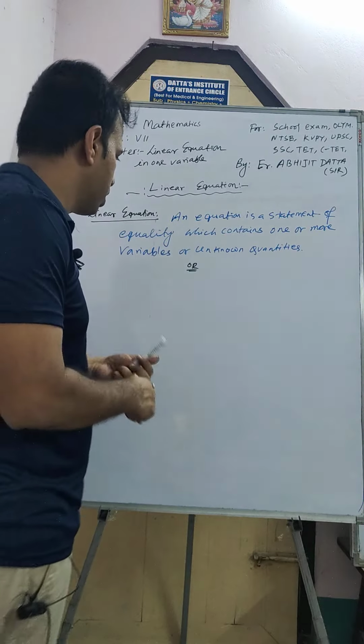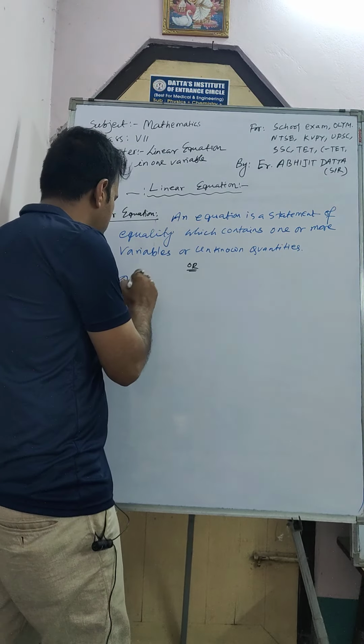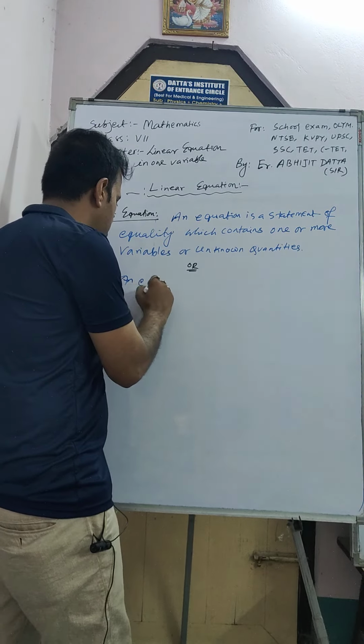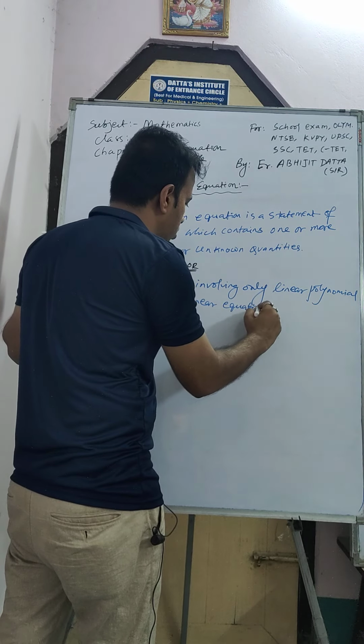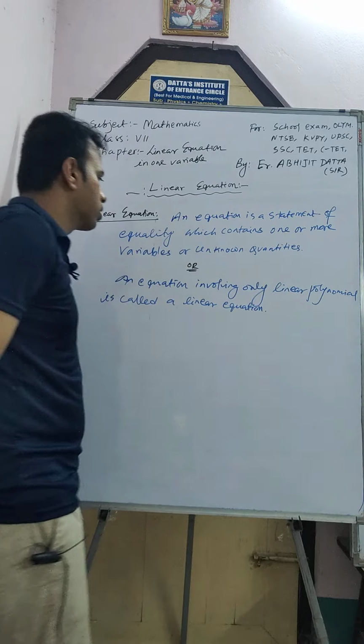Now we can say in another way, an equation involving only a linear polynomial is called a linear equation. Okay, it's simple.